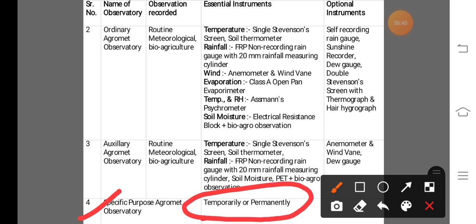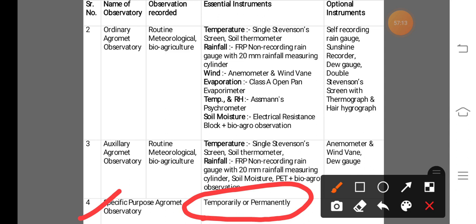That means for recording of weather parameters, temporary or permanent, this D type of agromet observatory, that means specific purpose agromet observatory, is installed for recording one or several elements of specific phenomena. So this is about the types or classification of agrometeorological observatory.